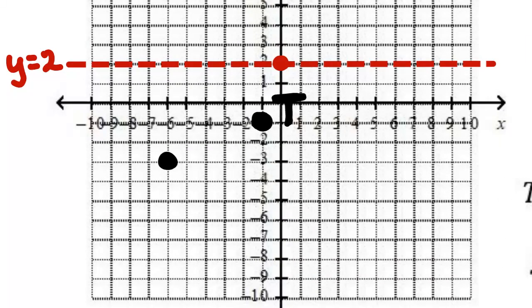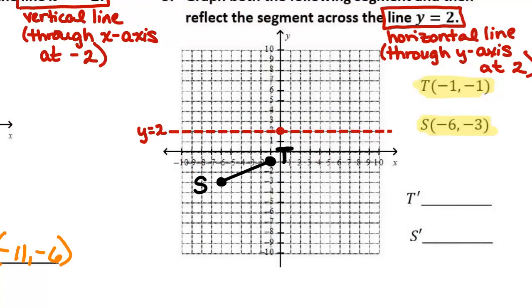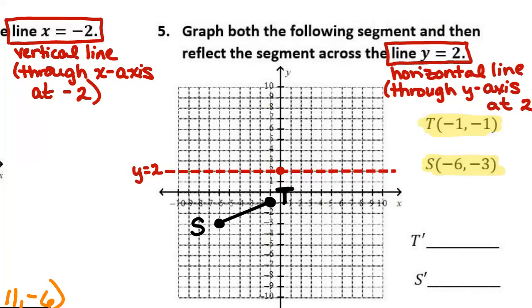So I'm going to put point S right here. And I'm going to use my straight edge to connect those 2 points together. And now, just like we did with reflecting over x equals -2, we counted how far to get to the line, and then we go that far on the other side. We're going to do the same thing here with our segment ST.